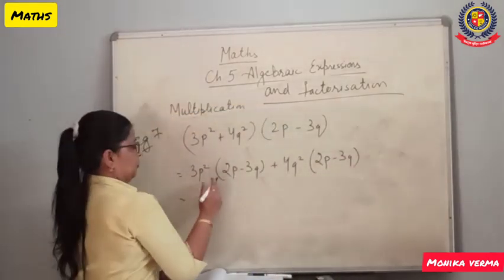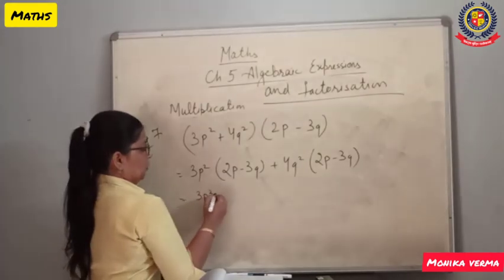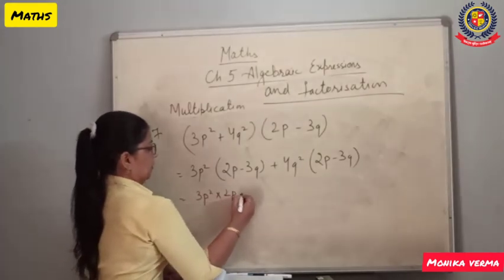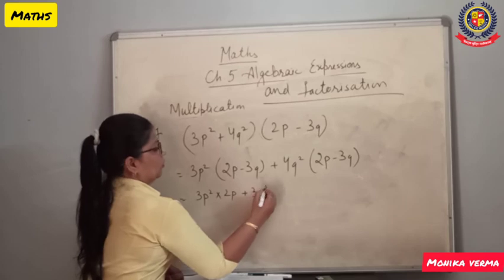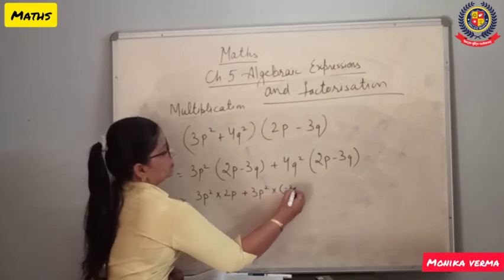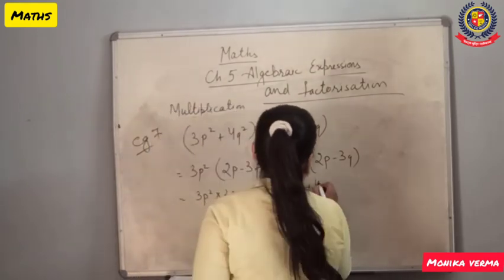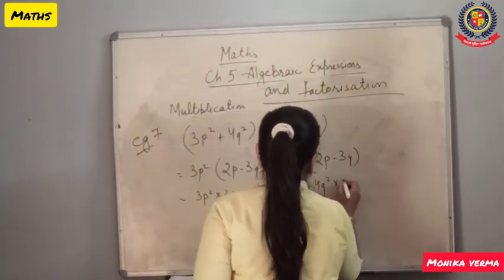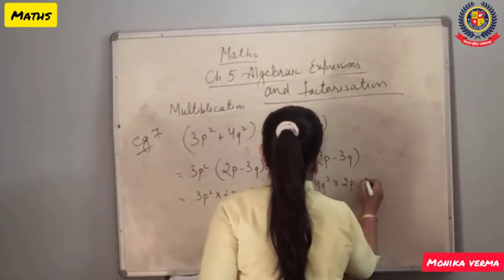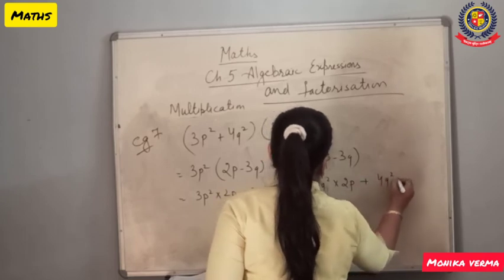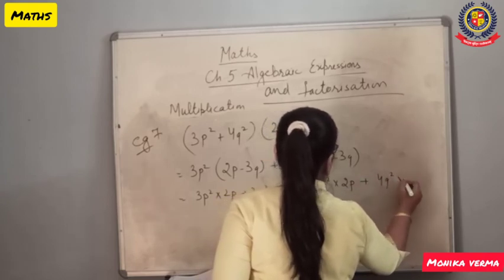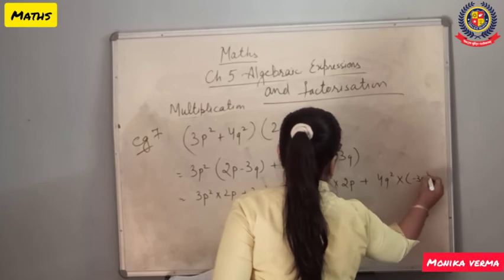Then first term into first term, 3p² into 2p plus 3p² into minus 3q, plus 4q² into 2p plus 4q² into minus 3q.